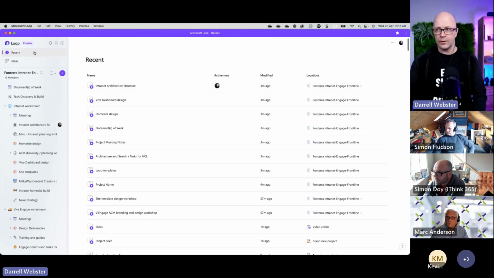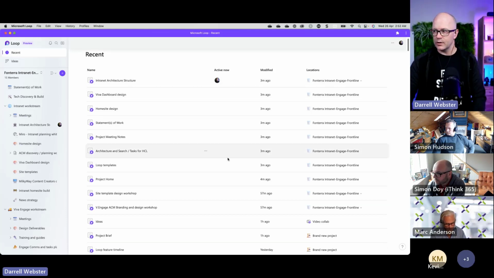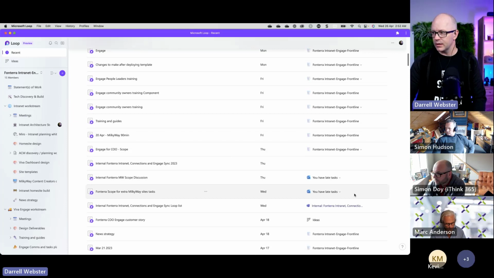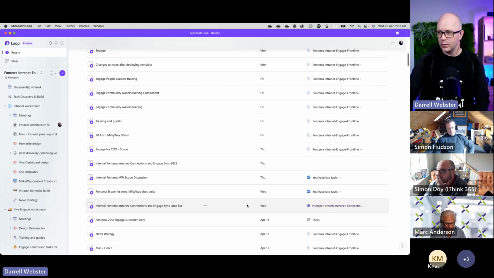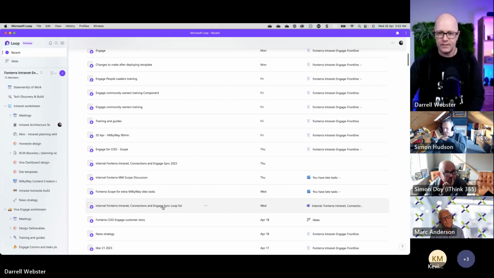A recent discovery was this area in the Loop app, which was quite cool. If I've got an example down here, a couple of things that were discussed and added to chats and meetings, we could just open that up, add it to our workspace, and now it all starts to have a home rather than being here, there, and everywhere. Really helpful.